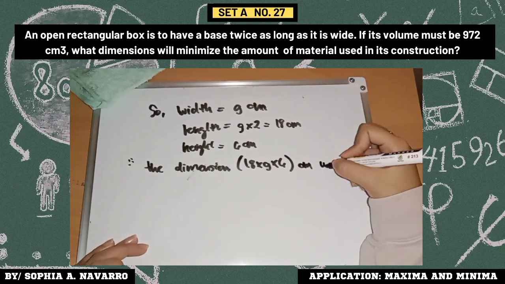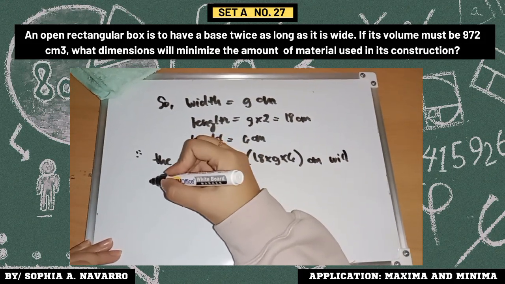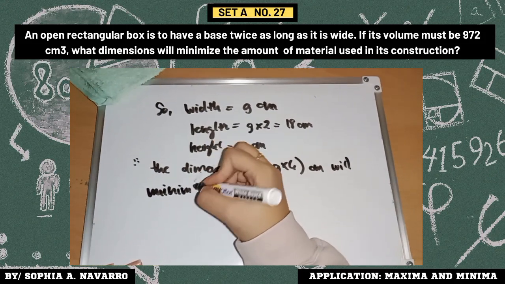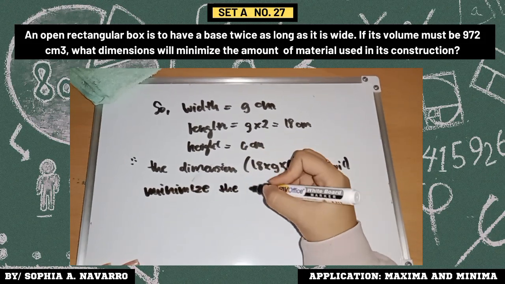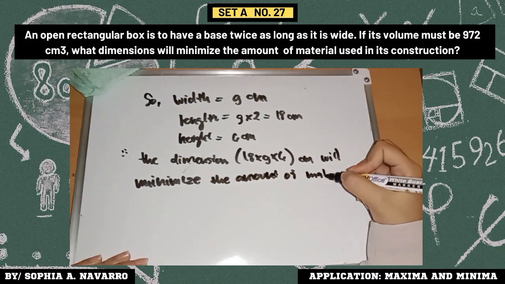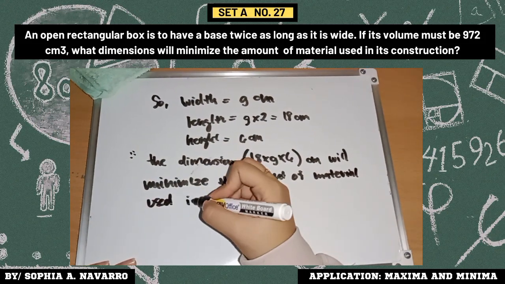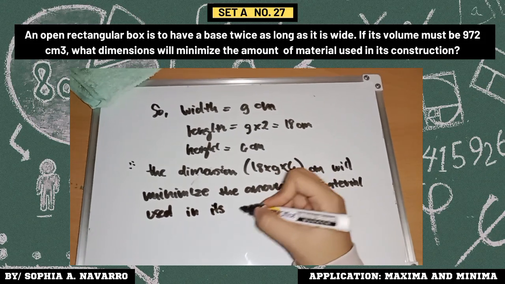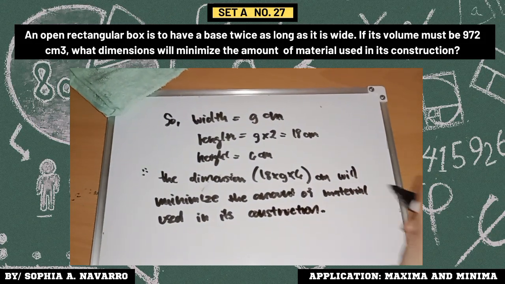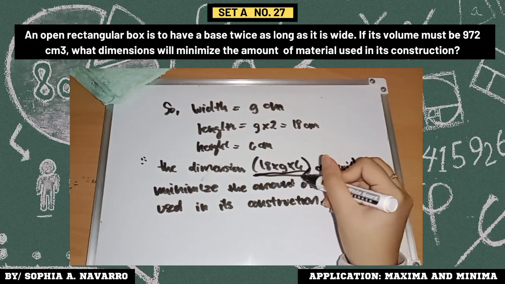This will be the answer that will minimize the amount of material used in its construction, which is the 18 times 9 times 6. And that is the final answer.